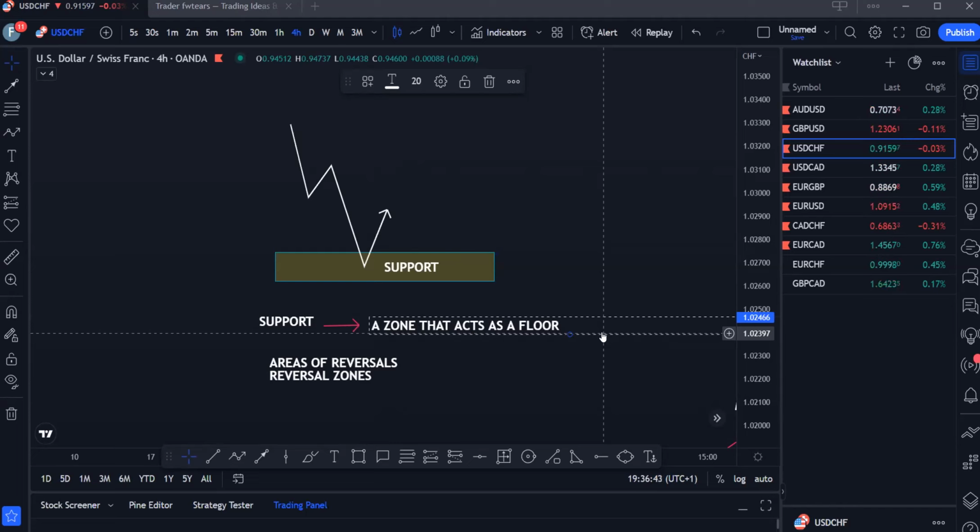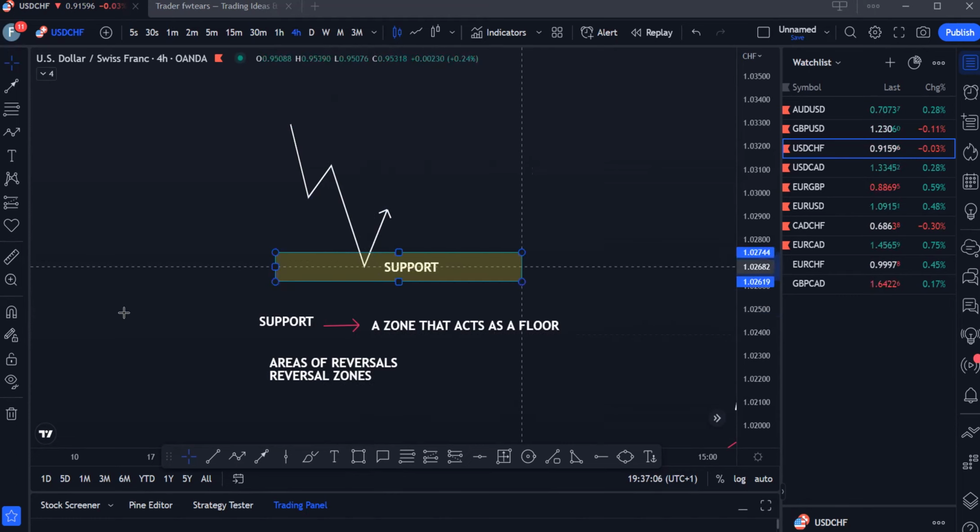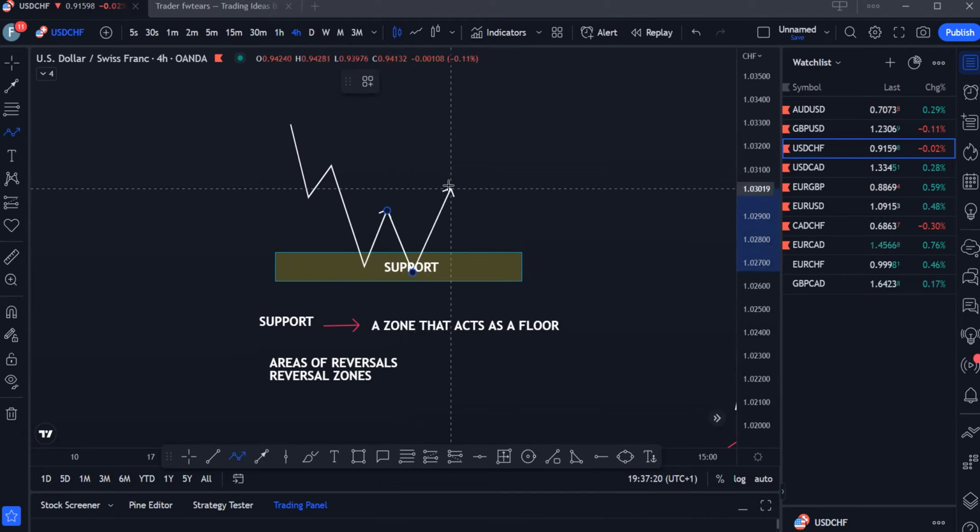So we use support and resistance because when you identify a support zone, it has already happened. You are looking at what has already happened. So if this zone acted as a support zone, that means our ideology right now is that possibly in the future, if price should come back down into this zone, we most likely might see another reversal.